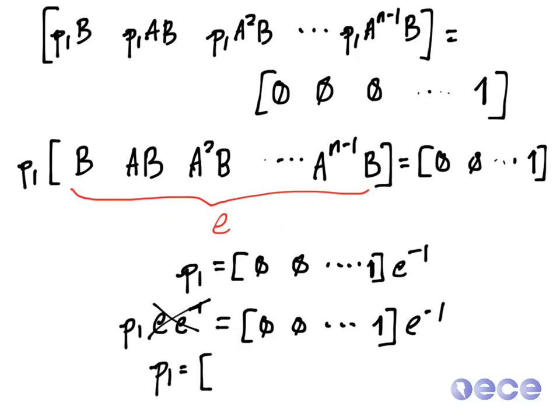So P1 is equal to 0, 0, until we finally get to a 1, times E inverse, where E here is not the eigenvector or the eigenvalue, it's the matrix that we defined as the controllability matrix. So this gives us some value for P1. So if we have P1, now we can construct all the rows of P.